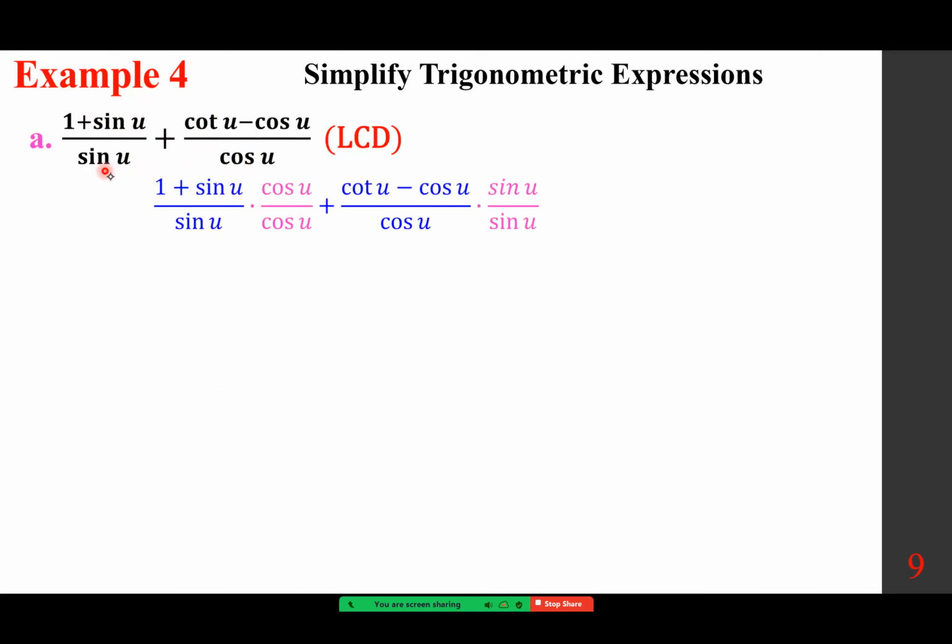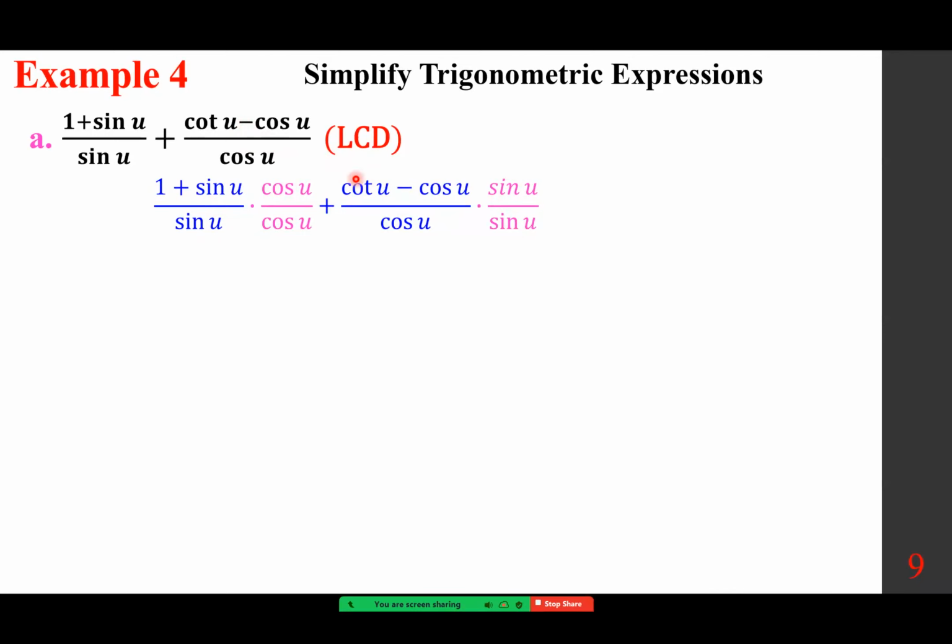So one way is to write this as times cosine over cosine. That means raising it by a factor of cosine over cosine. And over here, times sine over sine. It perhaps makes it easier to follow the next step. The common denominator, or LCD, is sine u cosine u.